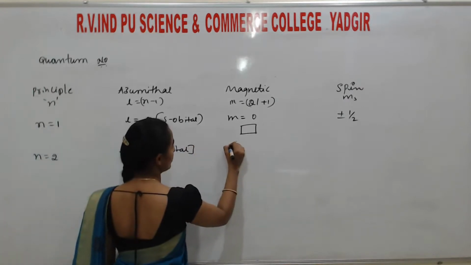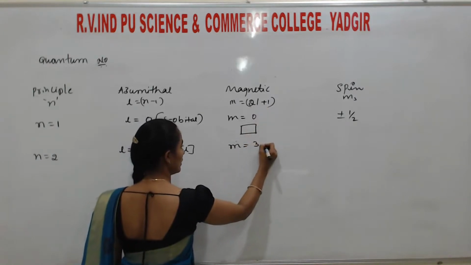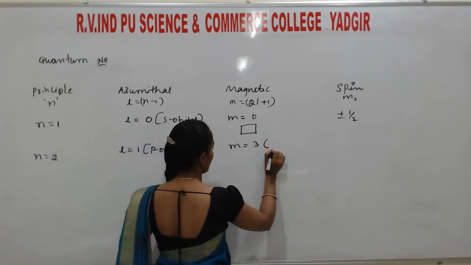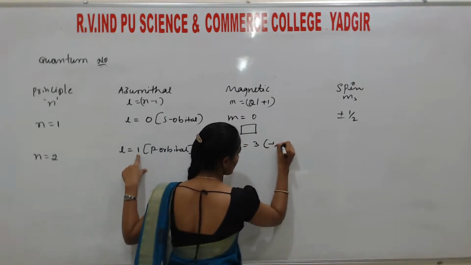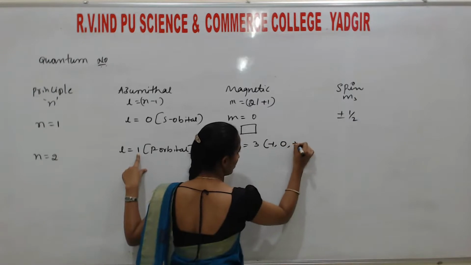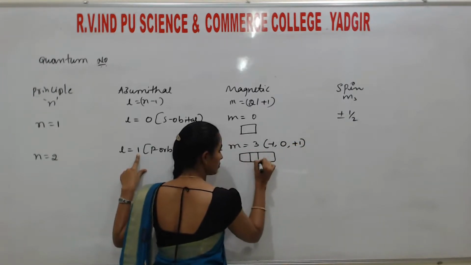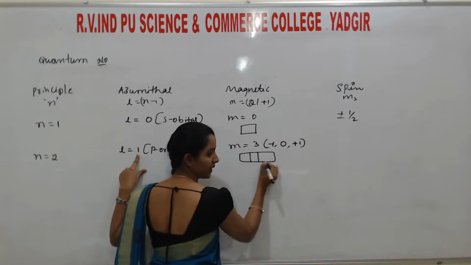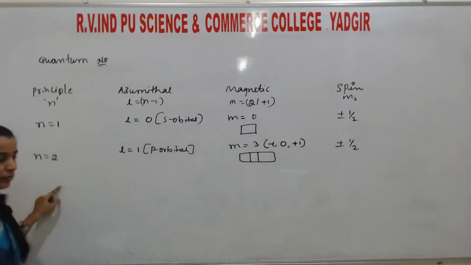If l is equal to 1, m is equal to 2 times 1 plus 1, that is 3. Listen, students, the values are minus 1, 0, plus 1. Here also spin is plus or minus half.